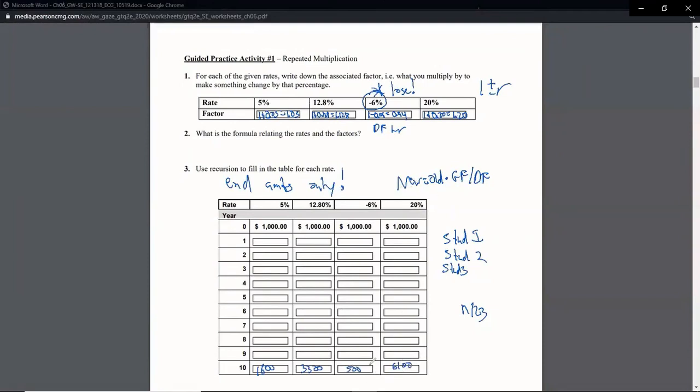So with 20% growth 10 years in, you've sextupled your starting amount of $1,000. That's insane. With 5%, you've only gained 60% of it. With 12.8%, we've about tripled it. Negative 6%, woo! Looks like we've been investing in oil too much. Shots fired.